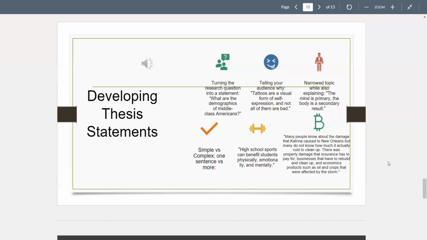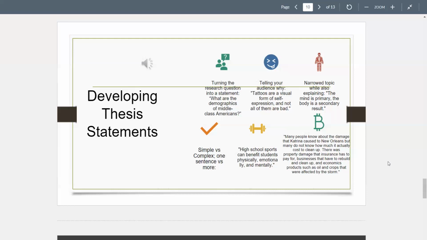Now, you can have a very simple thesis statement, or like I said, it can be 2 to 3 sentences max and be a little more complex. The key thing is that the more complex a thesis statement, you have to cover everything that's in that thesis statement in your paper. So sometimes simple is a little bit easier.